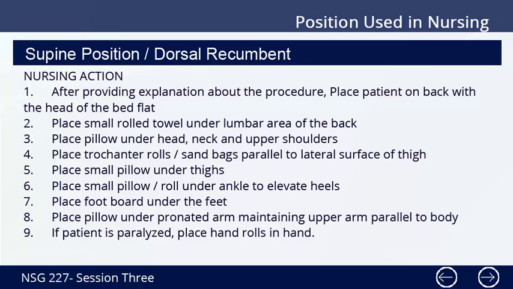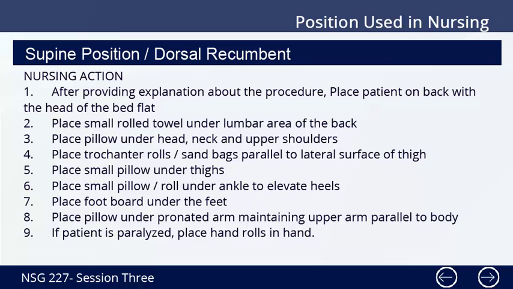Place small rolled towel under lumbar area of the back. It provides support for lumbar spine. 3. Place pillow under head, neck and upper shoulders. It maintains and corrects alignment and prevents flexion contractures of cervical vertebrae and hyperextension of the neck.